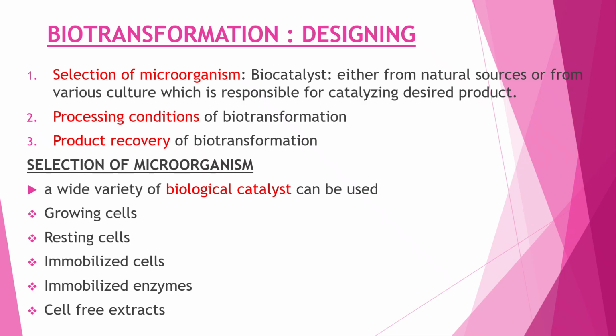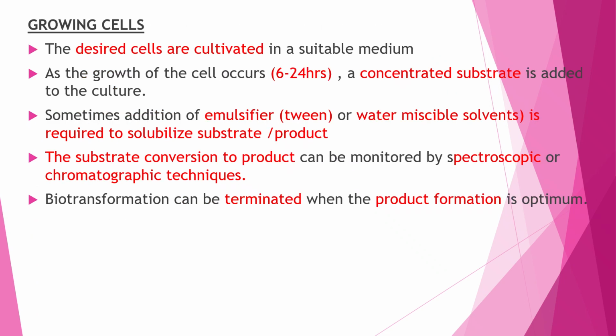Such as growing cells, resting cells, immobilized cells, immobilized enzymes, and cell-free extracts. These are the forms we can use for biotransformation. So what are growing cells, and how will we use them?